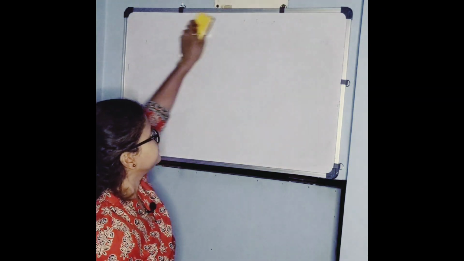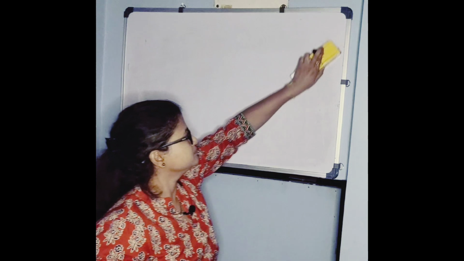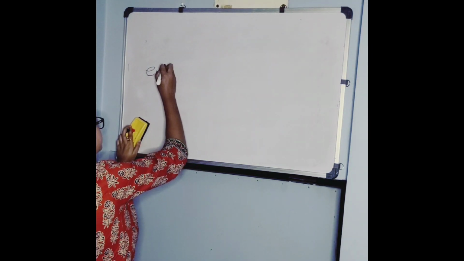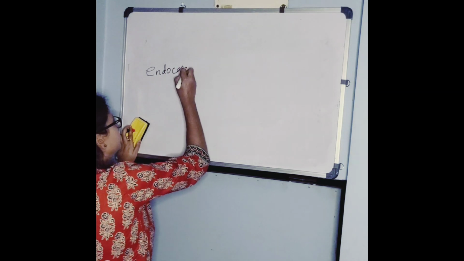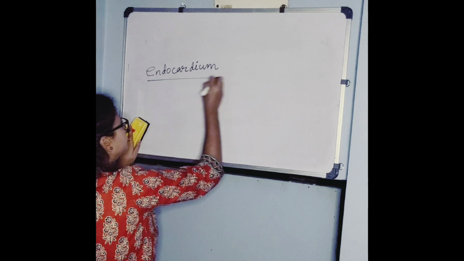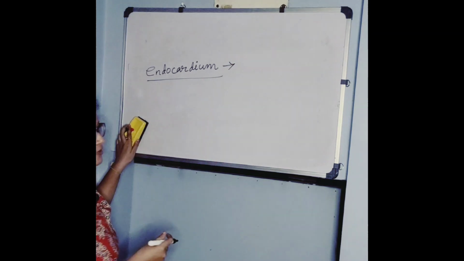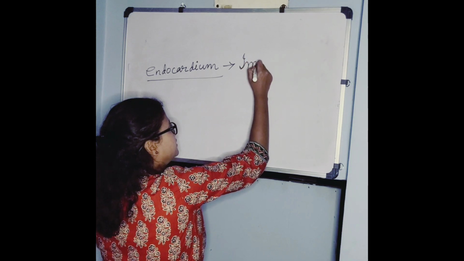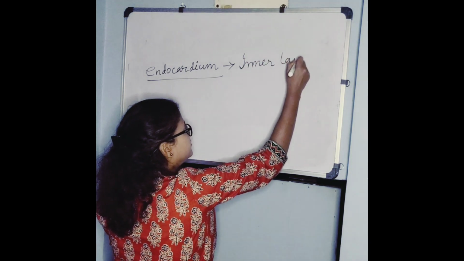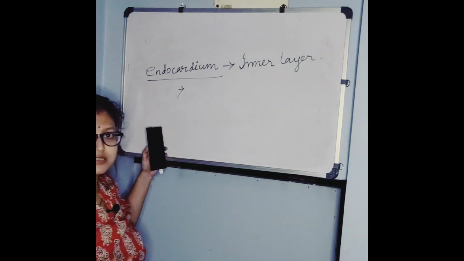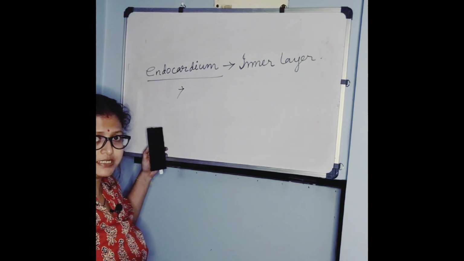Okay, now we will be knowing about the endocardium. Endocardium is the inner layer. It consists of what? Flattened epithelial cells.